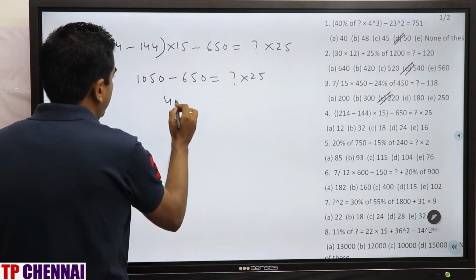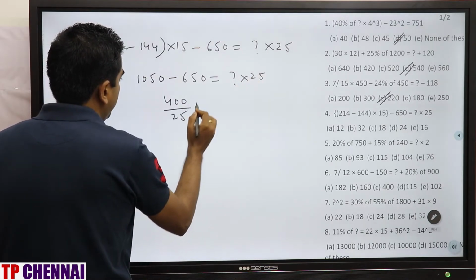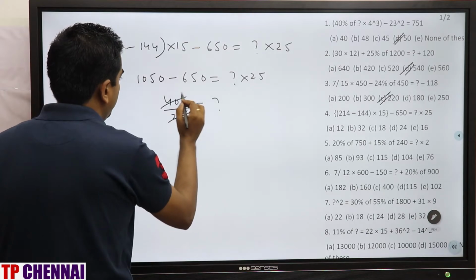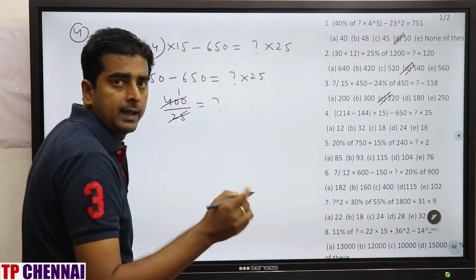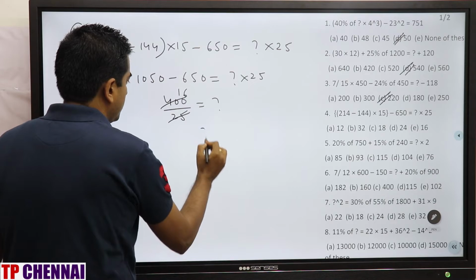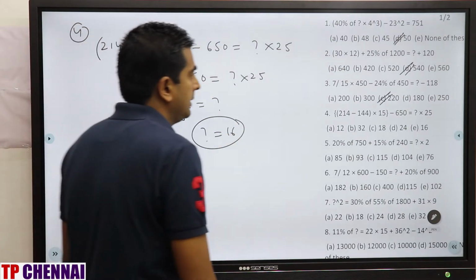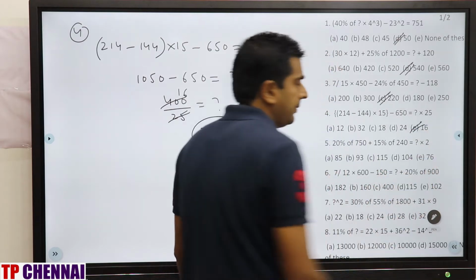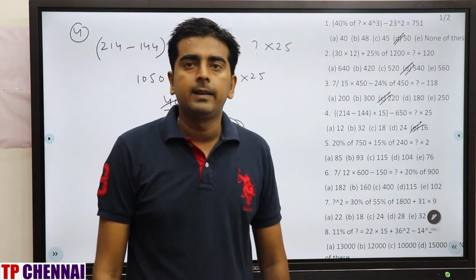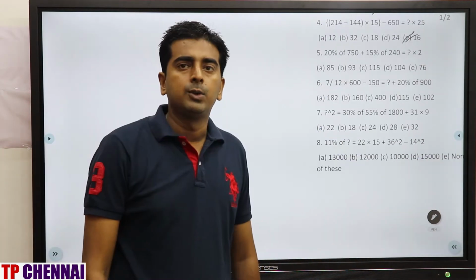This is 400 by 25 is equal to question mark. So question mark is equal to 16, which is nothing but the fifth option. Clear? Now we'll see question number 5.